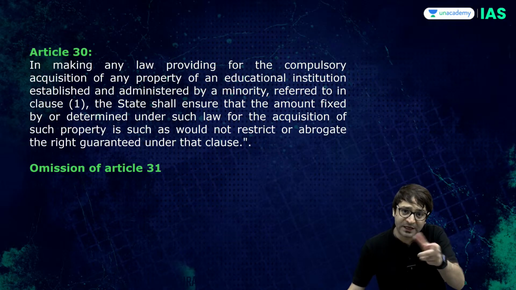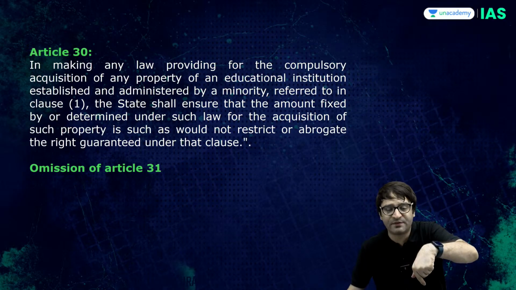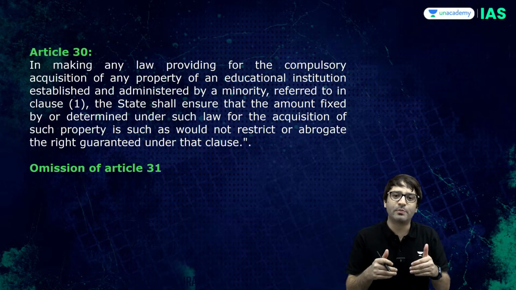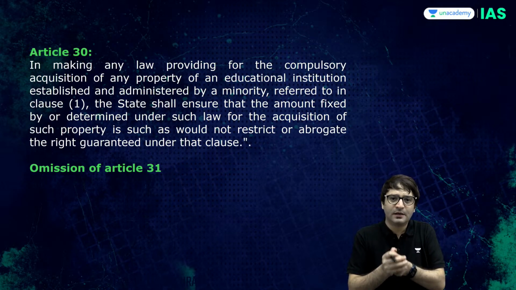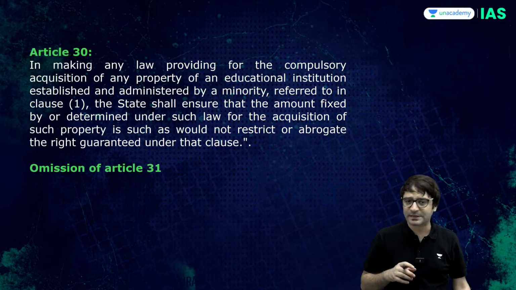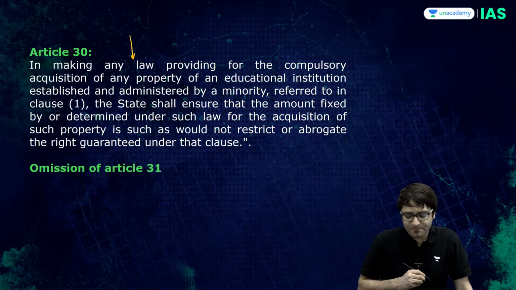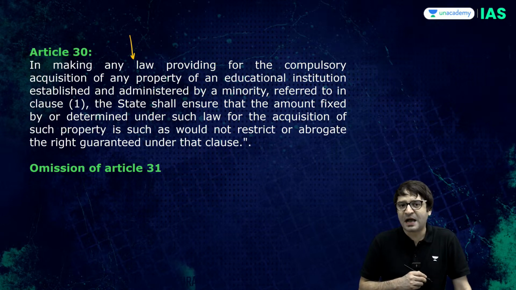But right to property got deleted as a fundamental right because of the 44th Amendment 1978. But this right to property was kept intact for minority educational institutions, in a way that in making any law providing for the compulsory acquisition of any property of any educational institution established and administered by a minority.